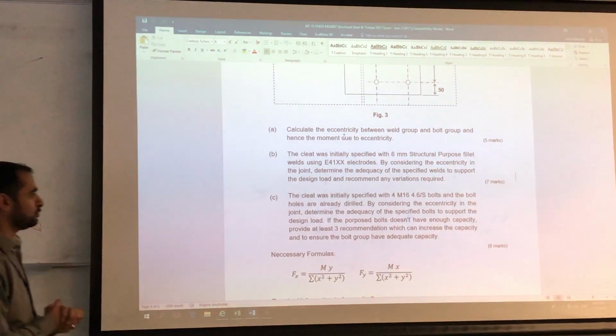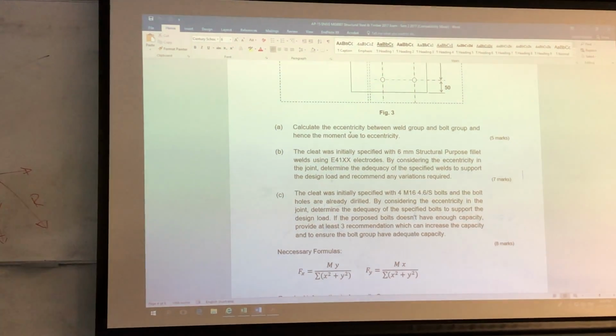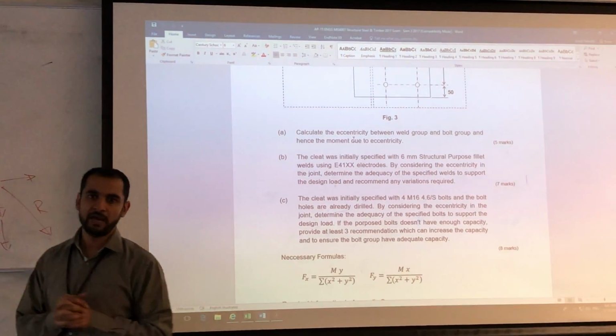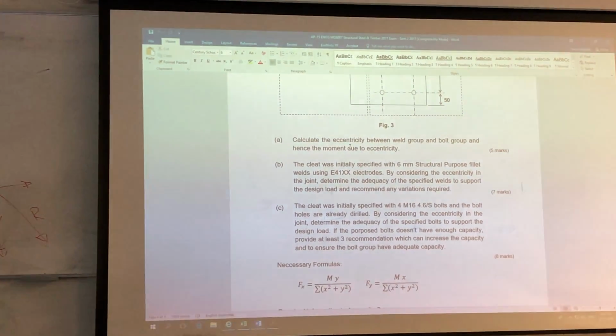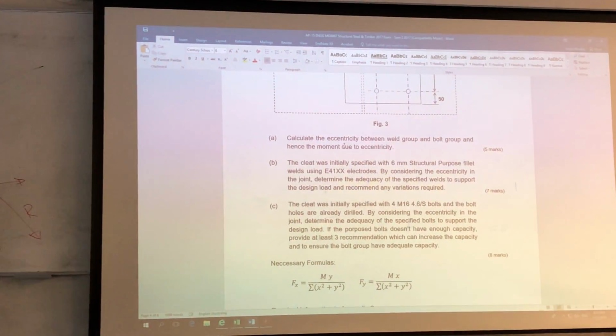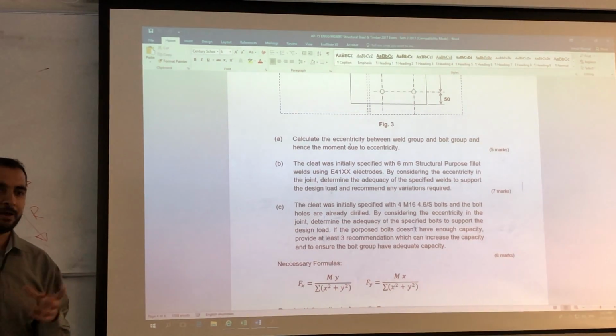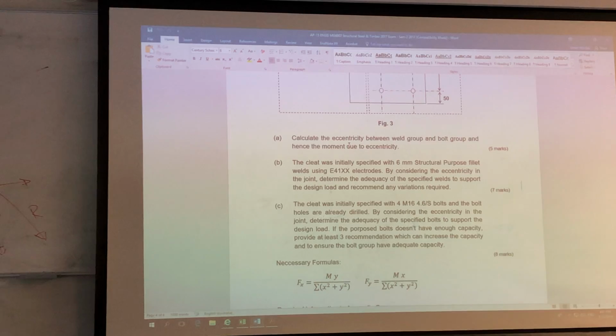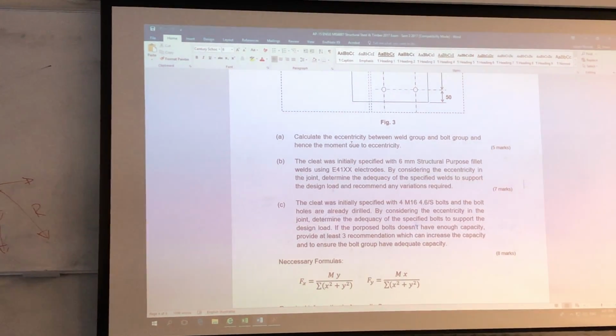The second part is the cleat was initially specified with 4 M16 4.6S bolts. 4.6 is the grade. Okay? And one thing I noticed, you put big bolts, M36, M32, M30, right? Big bolts and low grade. The problem with big bolts is the distances and tightening them.